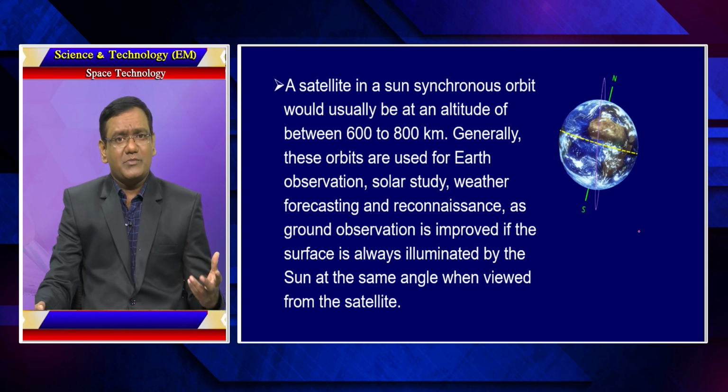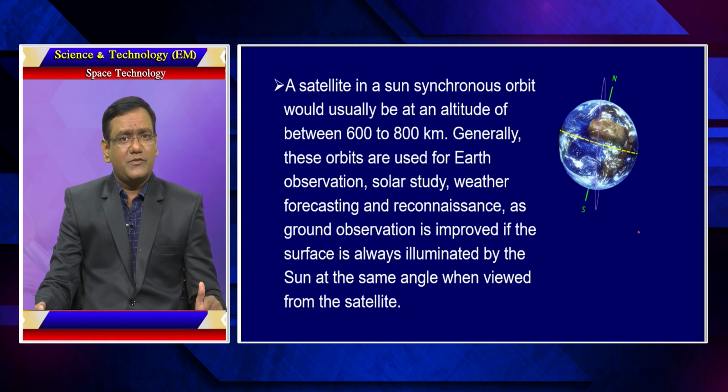So if we want to observe a place on the Earth, we need sunlight. Since the satellite comes at the regular time, we ensure that the place we are going to observe is sufficiently lit by the sun. That is the reason why we use sun synchronous, polar orbits if we want to observe the Earth.